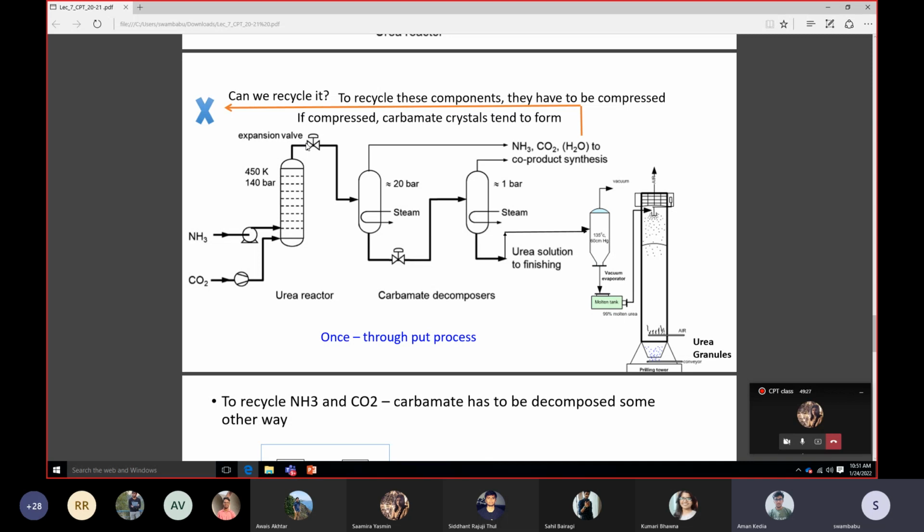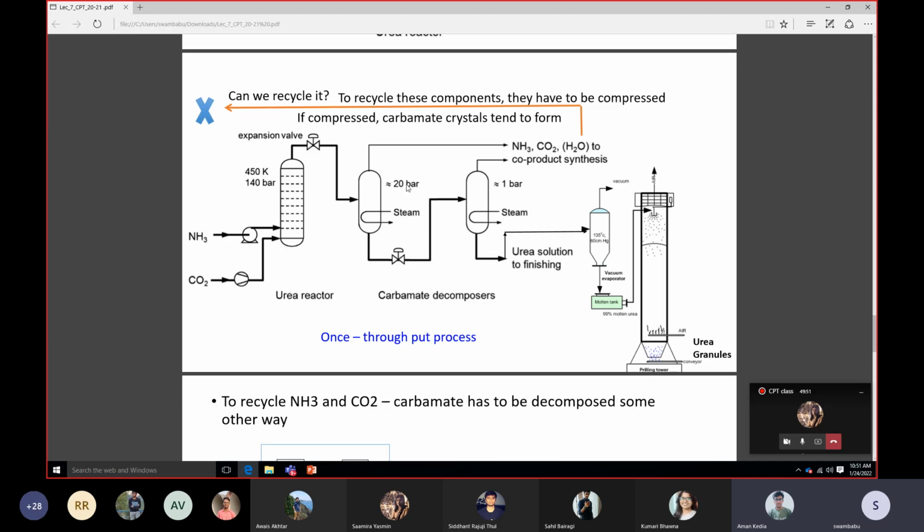After the reaction, we use an expansion valve. This expansion valve gradually reduces the pressure. So instead of going straight to 1 bar pressure, using this expansion valve, the pressure is reduced from 140 bar to 20 bar.